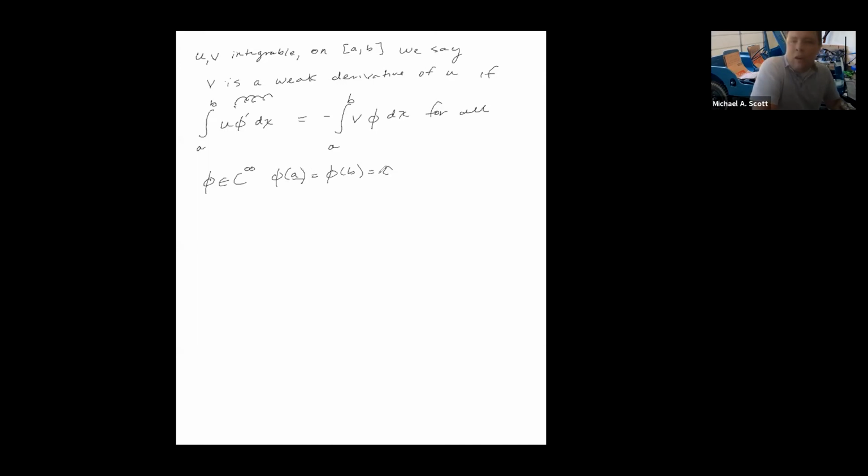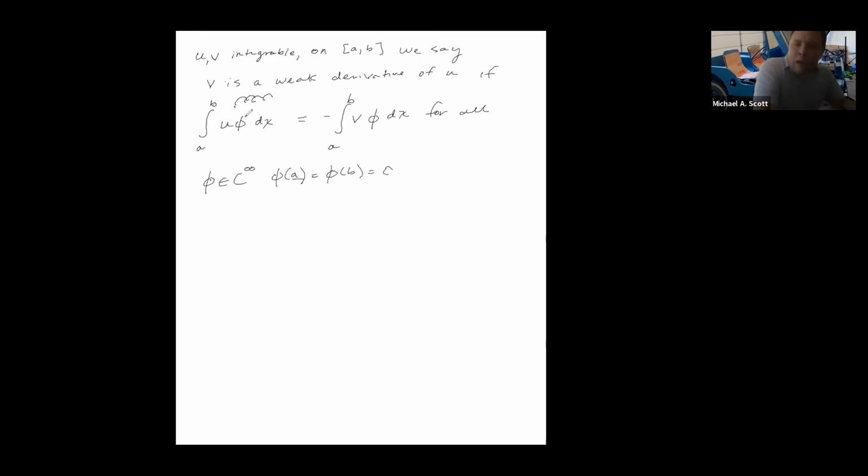There's 0 on the endpoints, and then there are all these little smooth bumps that you can test u against. Essentially what phi is doing is filtering out for you the information about u. So we're reconstructing the function u by testing it against a whole bunch of infinitely differentiable functions.